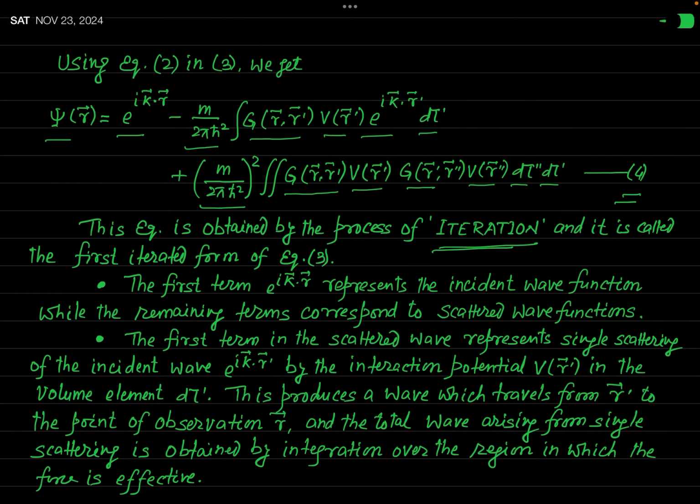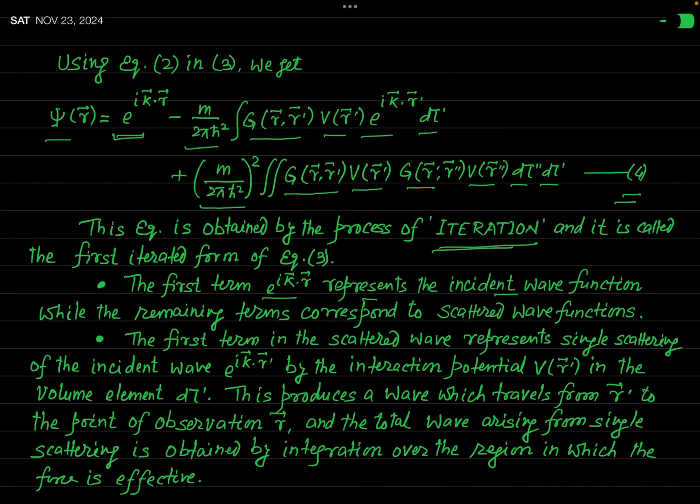Now see the different terms in the RHS of equation 4. When you talk about this first term, which is e to the power i k dot r, this actually represents the incident wave function.